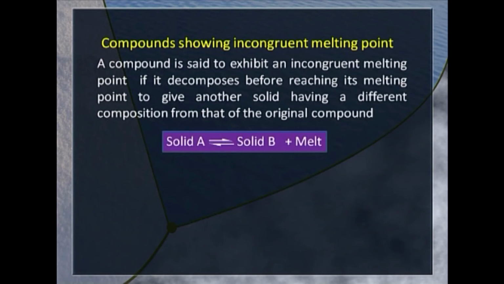Here we have a solid A, which when heated gives you solid B and melt, and solid B has a composition different from that of solid A. The solid B that is formed may be another compound or one of the pure components present in the system.